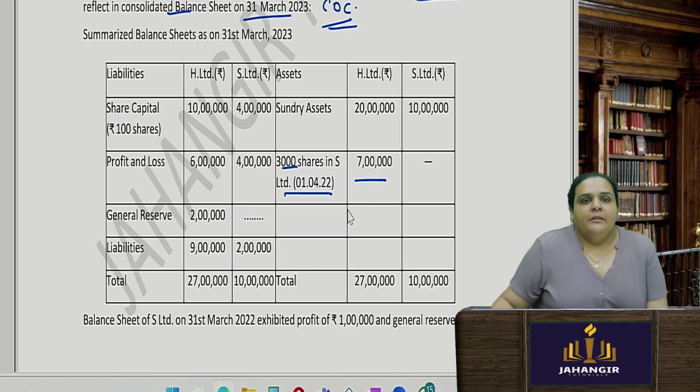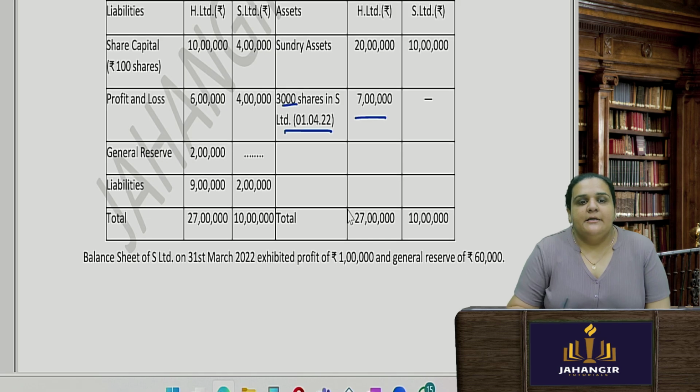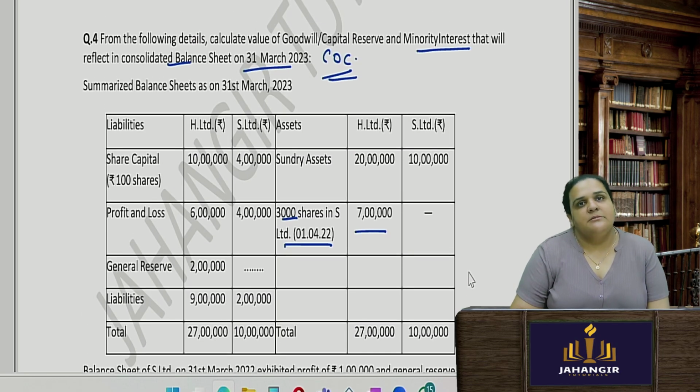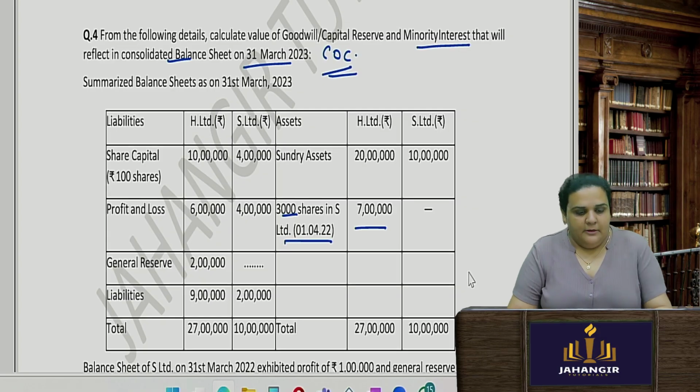Okay. Balance sheet of S Limited on 31st of March 22. That means 1st of April 2022 opening exhibited a profit of 1 lakh rupees and general reserve was 60. So these both are opening balances. And my balance sheet is closing on 31st March 2023.